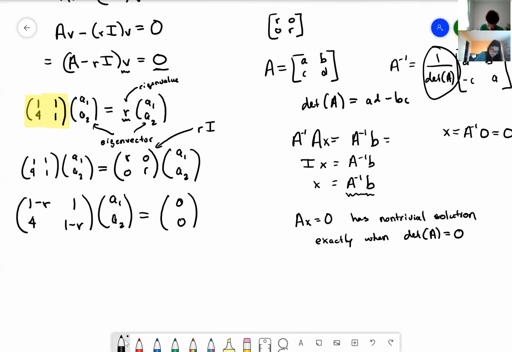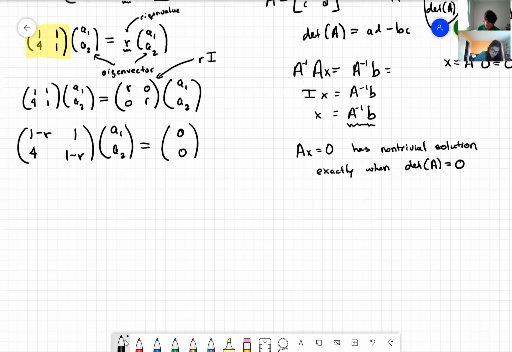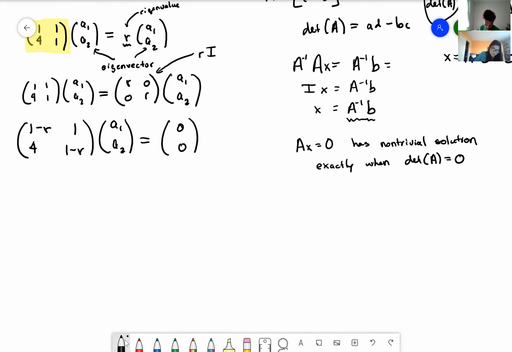And now we're hunting for those situations where we have a value of r so that this inverse does not exist. That's exactly when the determinant is equal to 0. And we know the formula for the determinant. It's going to be this diagonal, so 1 minus r times 1 minus r, minus 4 times 1.